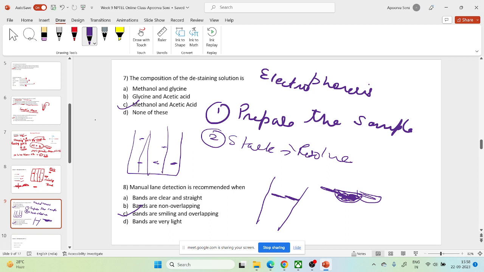So it is advisable to detect the lanes manually when your bands are not very clear and distinct to each other.